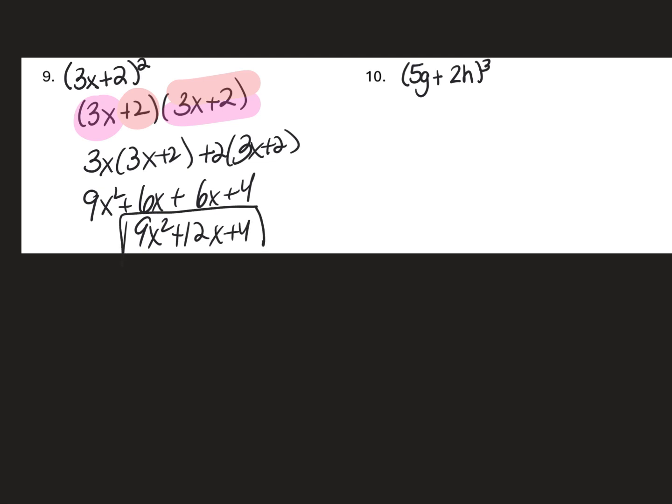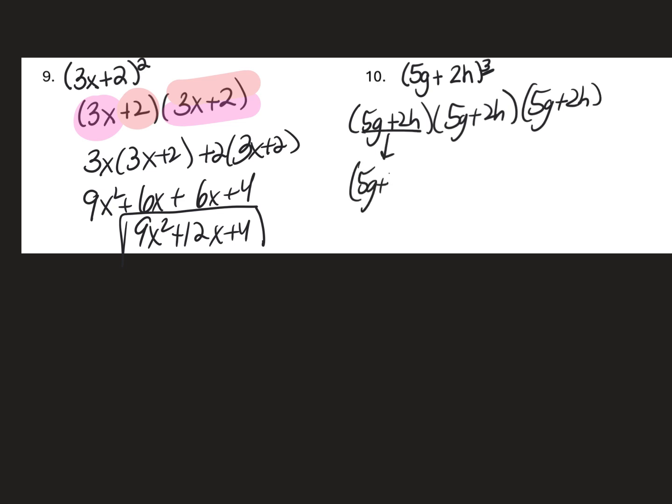For the last one, this means I'm going to multiply that by itself 3 times, 5g plus 2h times 5g plus 2h times 5g plus 2h. Now, what I'm going to do, I'm going to bring this one down, 5g plus 2h. I'm going to multiply 5g times 5g plus 2h, and then I'm going to multiply positive 2h times 5g plus 2h.